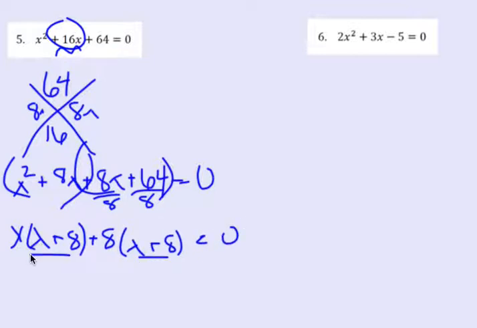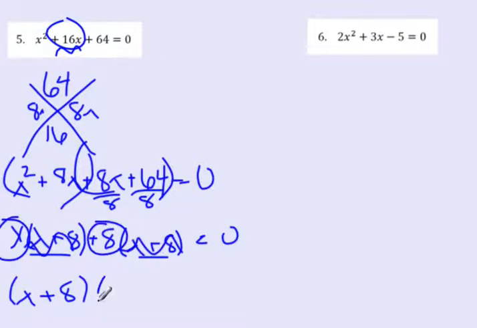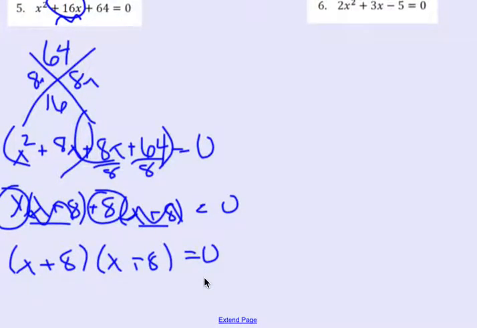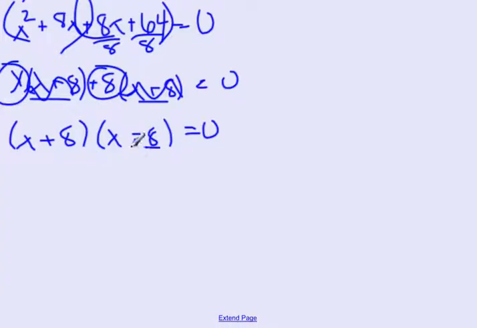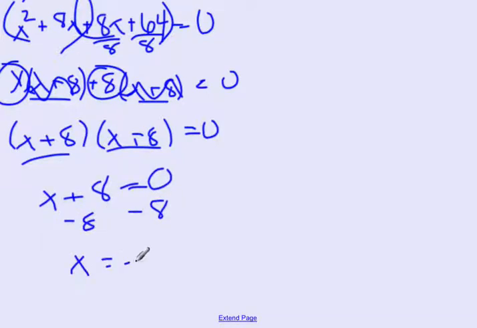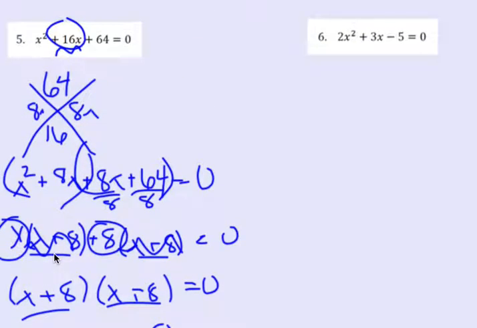Then we're going to take out what's left over, which is x plus 8, and what's left on the outside, which is also x plus 8. Since x plus 8 and x plus 8 are matching, we really only have to set one of the factors equal to 0 because the other one is going to be exactly the same. We solve this for x, and we end up getting that x is equal to negative 8. So that is our final answer for number 5.